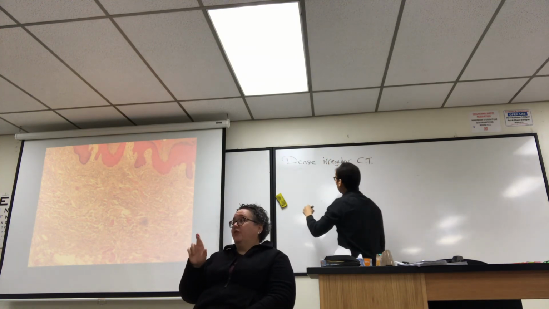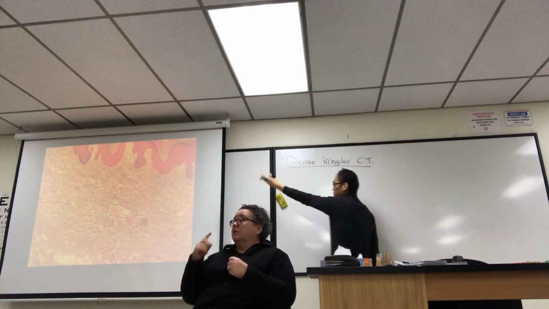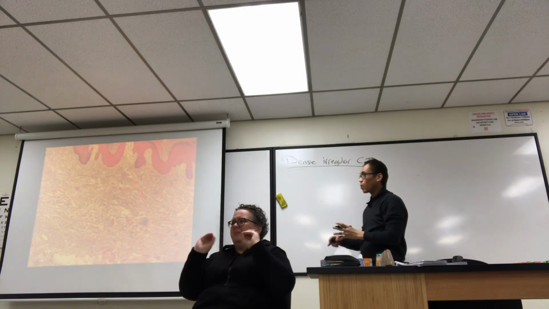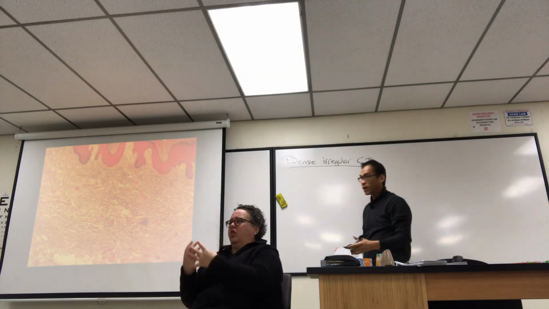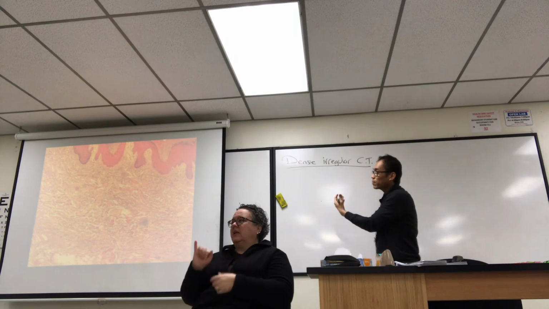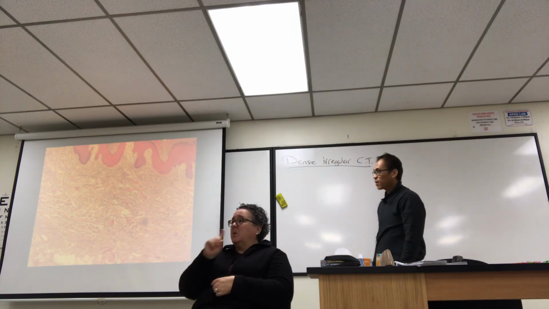You can look at the picture. There's no regular orientation to the collagen fibers. The collagen bundles are oriented every which way. It's irregular, so I think that's an apt description. The example you have to know is dermis of skin.